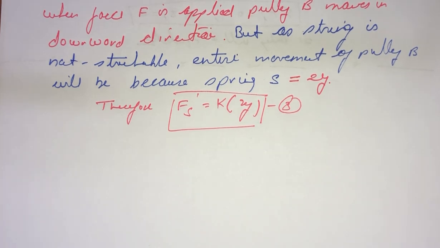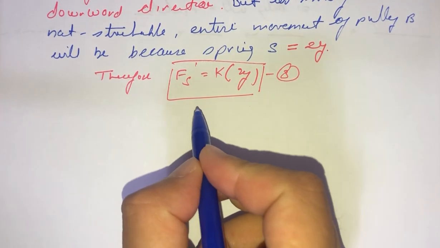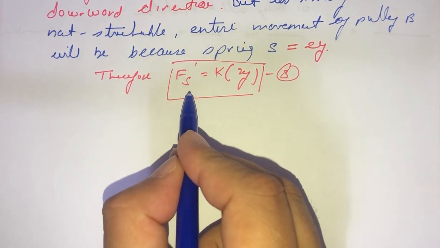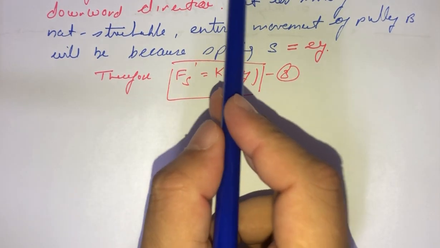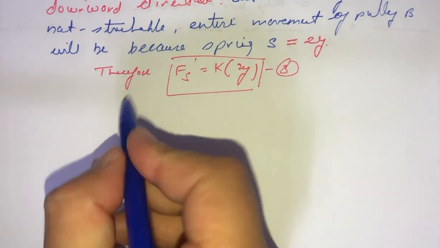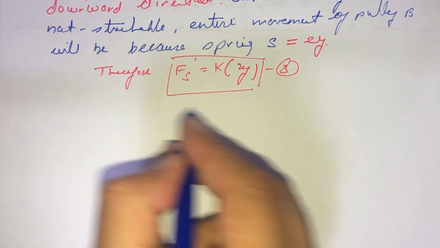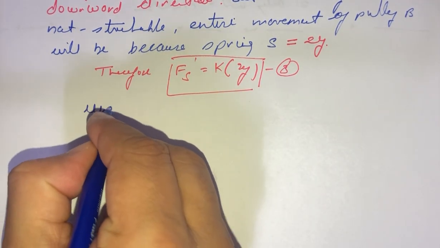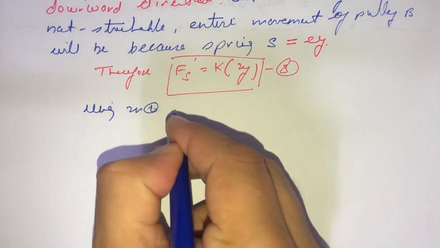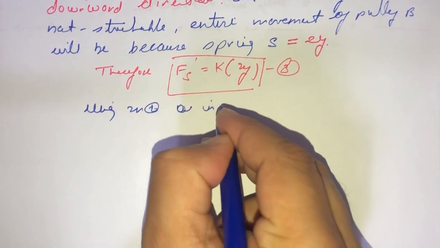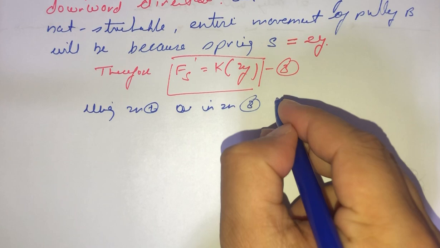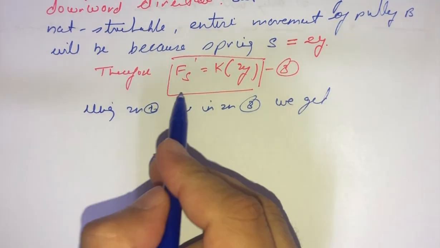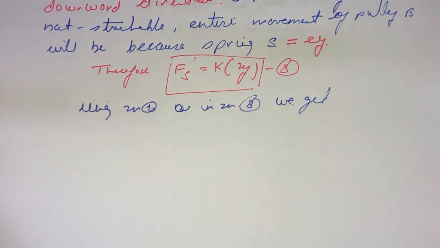Now we already have Fs prime equal to tension T, or we can put it directly using equation 2. Using equation 2 in equation 3, we get Fs prime is equal to F upon 2.